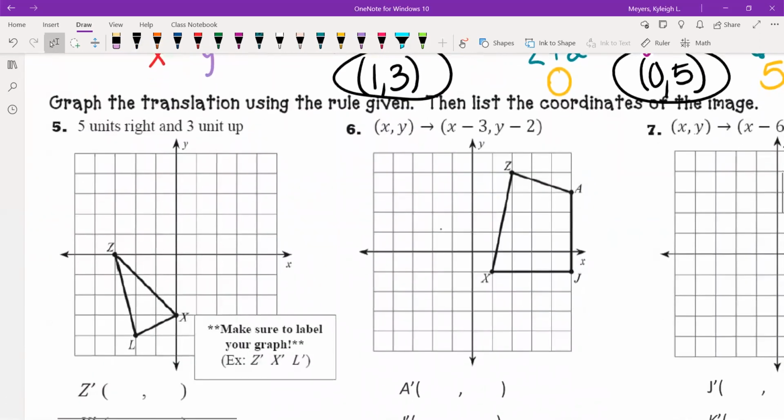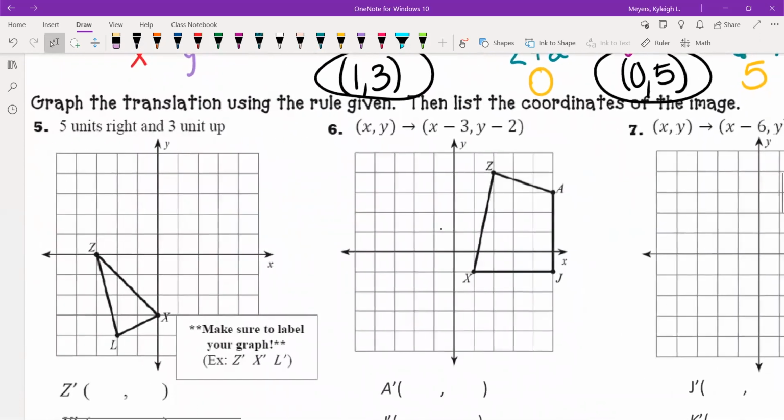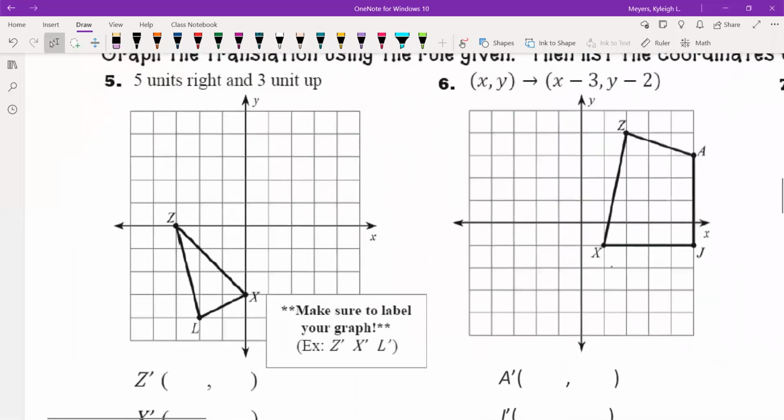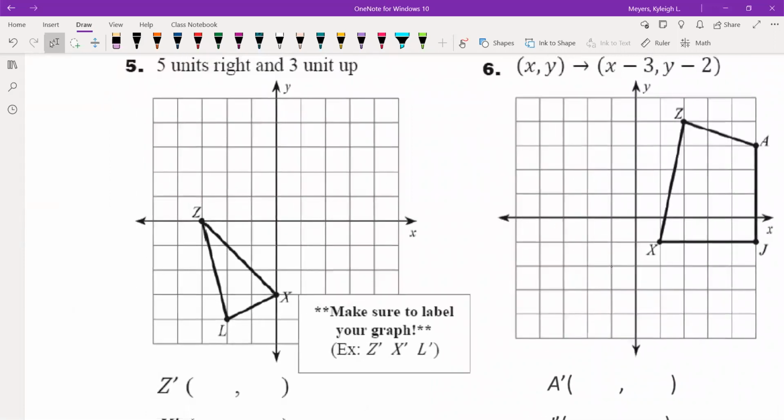So now we're going to graph the translation using the rule given, then list the coordinates of the image. Okay, so when we translate a shape like this, we are going to move it the number it says, right? But when we relabel it, we wouldn't label this point Z again.